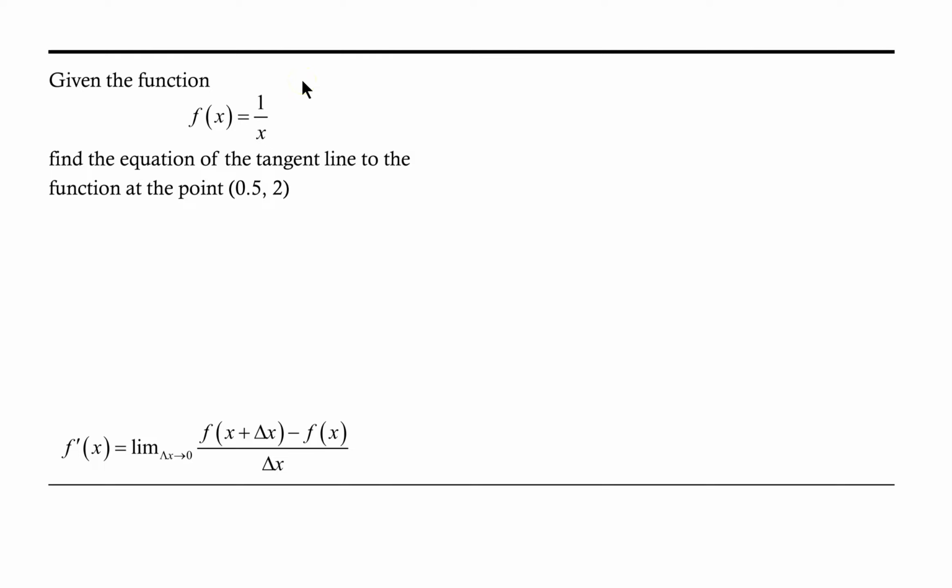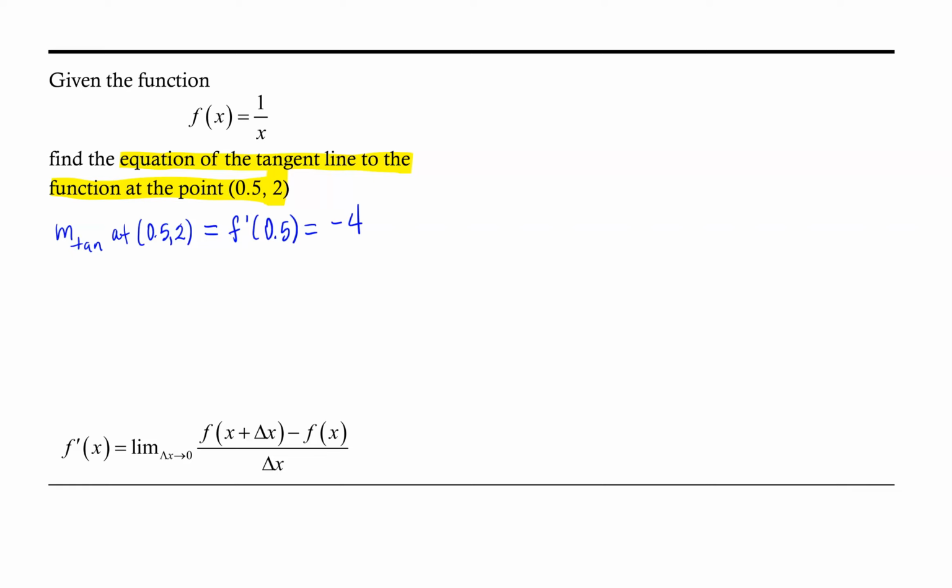So now let's use what we found out about the derivative of the function f of x equals 1 over x at the point (1/2, 2) to write the equation of the tangent line to the function at that point. So recall that the slope of the tangent line at (0.5, 2) will equal f prime at 0.5, and we found that to be negative 4 before.